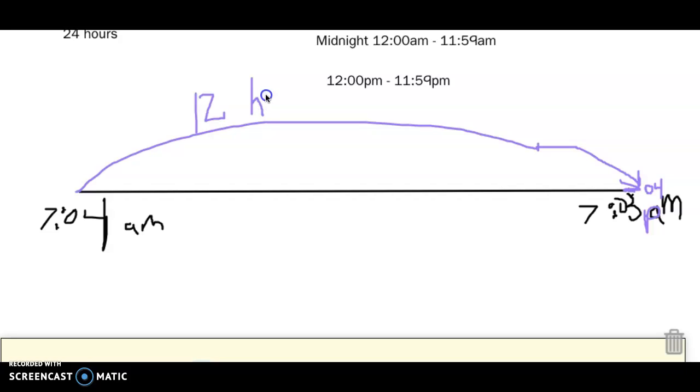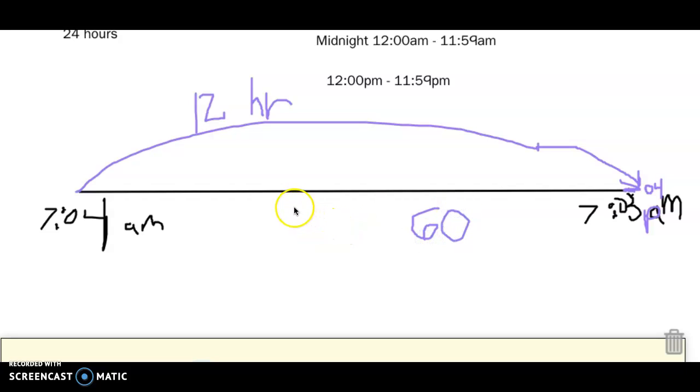But you guys, we have 1 minute less than 12 hours. So how am I going to figure out how much time has passed if it's 1 minute less than 12 hours? I'm going to take away 1 hour from 12 and put it into minutes. How many minutes is 1 hour? If you said 60 minutes, you are correct.